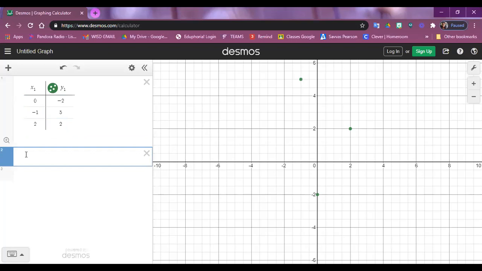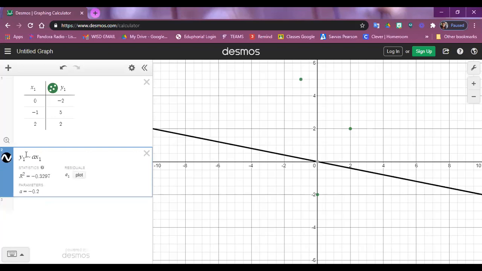So we're going to type in y, and to get the subscript 1, we use the underscore key. So we're typing y_1, then the squiggly line, not equals, then a, and we need x underscore 1, but it's squared.